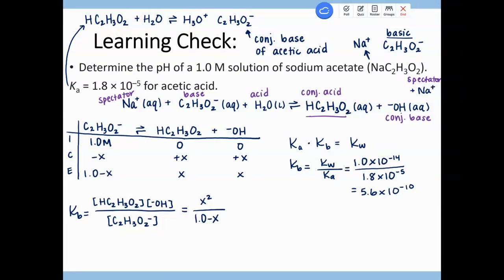And then, since we have a weak base, this is a case where x is going to be much smaller than the initial concentration. So we can approximate the denominator as being equal to 1, because 1 minus a really small number is approximately 1. So we're saying this is approximately x squared over 1. And this is equal to Kb, which we calculated, 5.6 times 10 to the negative 10.